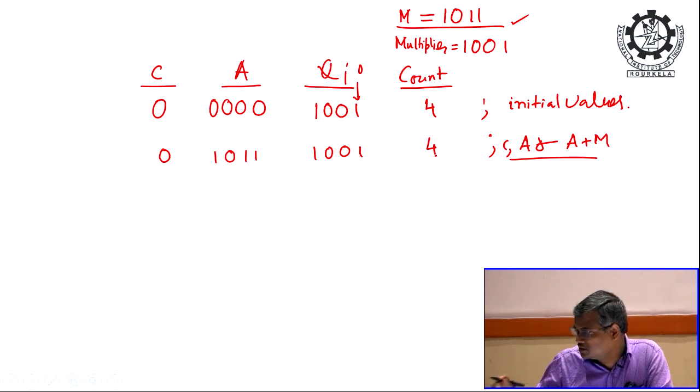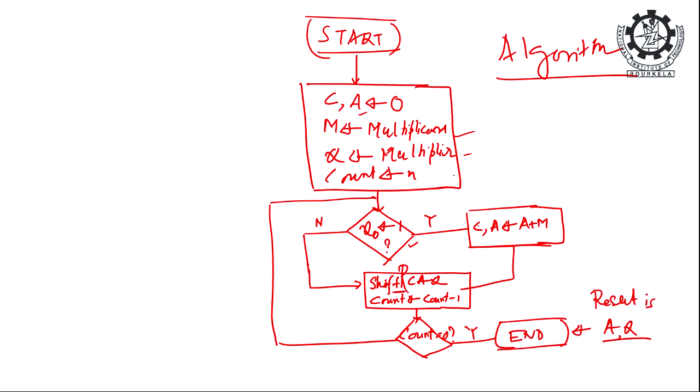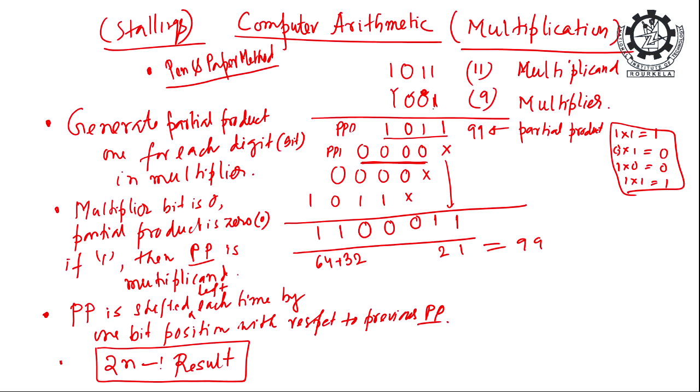Now, one interesting thing here, then we have to do the shift. Now, shift should be right. Okay, shift right. Now, if you see the example, what are we doing with the partial product?